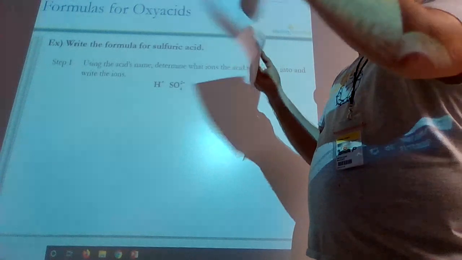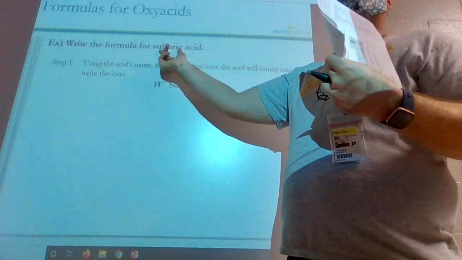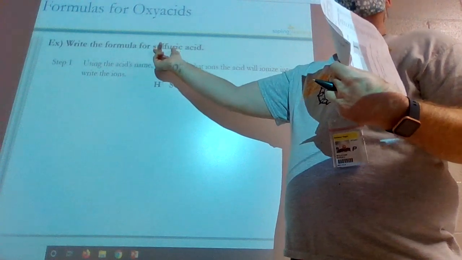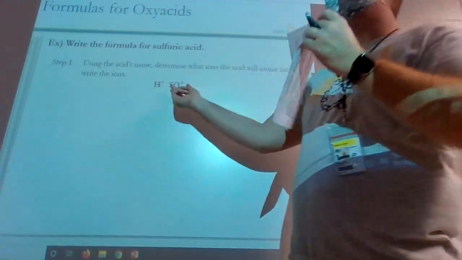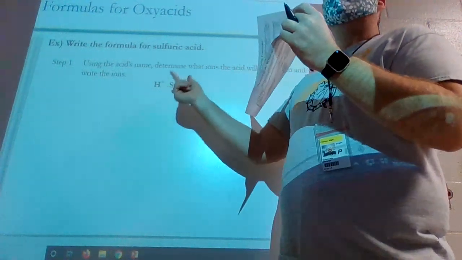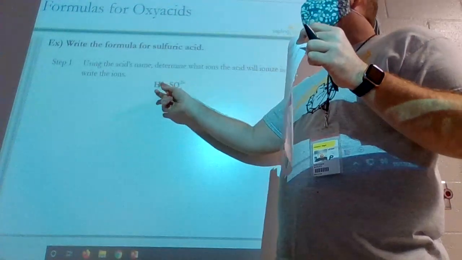So if I go back to this chart, I know I have sulfur, but instead of sulfuric, it should be sulfate. It should be the sulfate ion. So I find the sulfate ion on my chart here, and what does it say the sulfate ion is? It's SO4 2-. So that's how I work backwards and get to the point where I see this ion. So I have a 2- ion and a +1 ion.